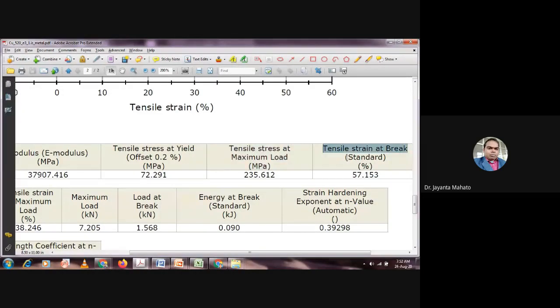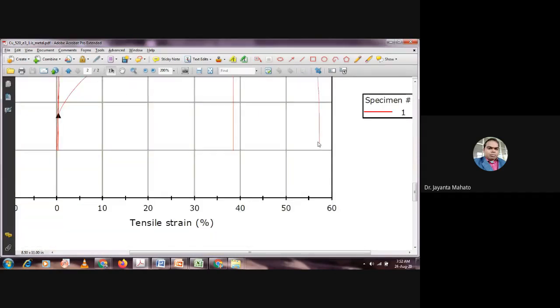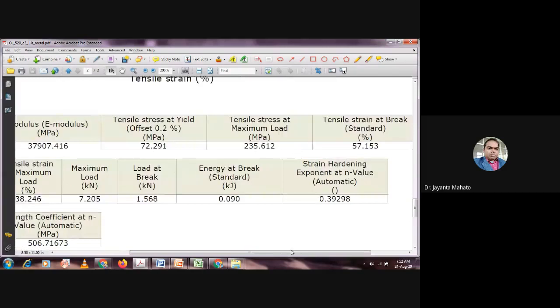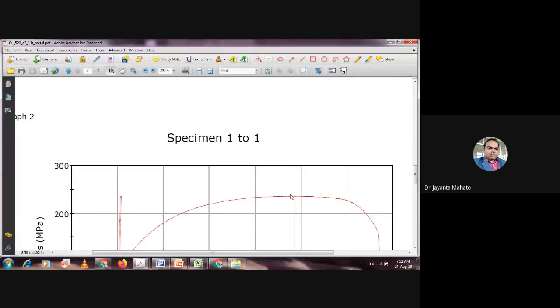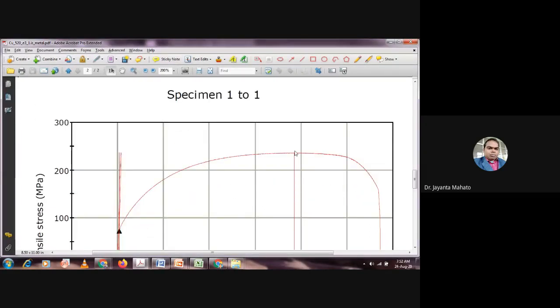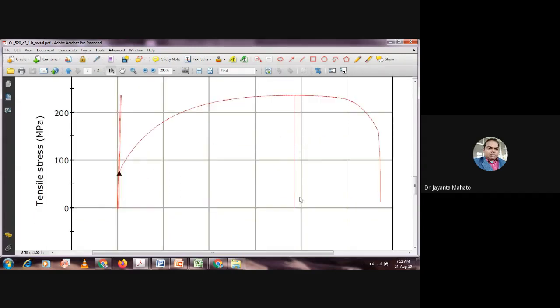Then tensile stress at break, where the material will break. And tensile strain at maximum load: this is the maximum load, and the strain here is called the uniform strain.